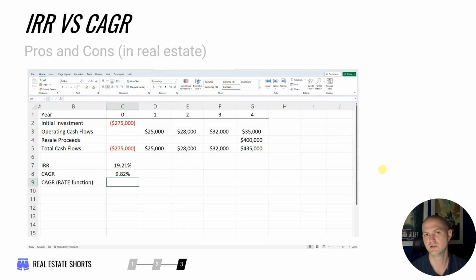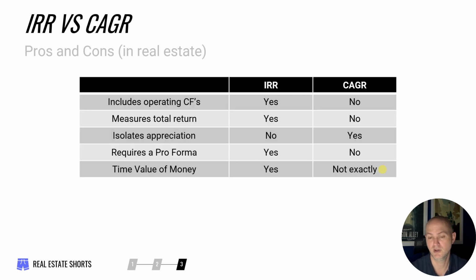Now, just to illustrate the use of the rate function to prove that it works the same way, we can use this time value of money function to help us calculate it. So we'll say equals rate, the number of periods, the interim payments, in this case there aren't any, what we bought it for, and what we sold it for. So this, I think, really helps illustrate the difference between them, and then ultimately the pros and cons between them.